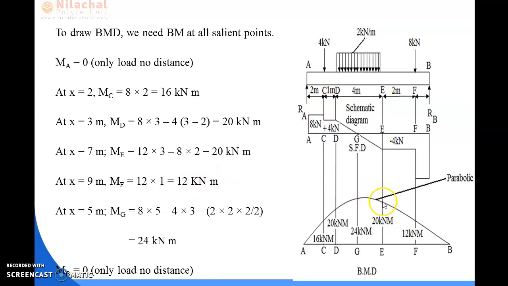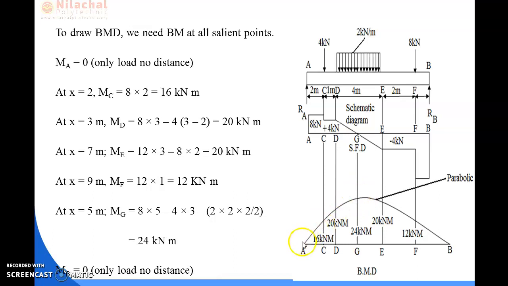So the point F is here, and here is your 12 kilonewton meter. And last, the bending moment at point G is 24 kilonewton meter. So the point G is here, and at this point 24 kilonewton meter is there.